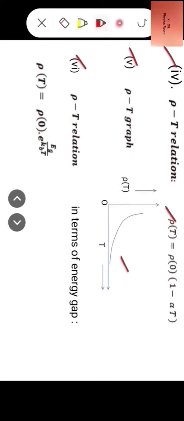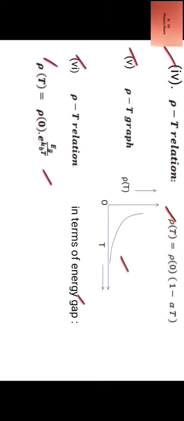Sixth, the rho T relation in terms of energy gap is given by the expression rho T is equal to rho 0 into e raised to power Eg by kBT. If you compare with positive temperature coefficient of resistance, there we had minus Eg by kBT, and for negative temperature coefficient of resistance we have Eg by kBT. This is the only difference between the expressions, so you can remember it.